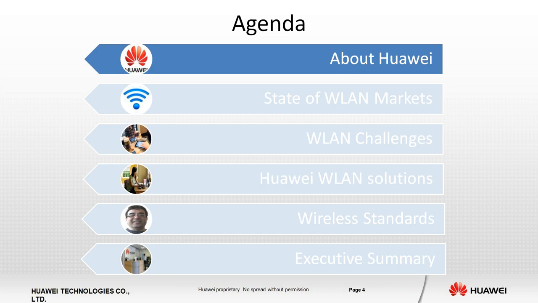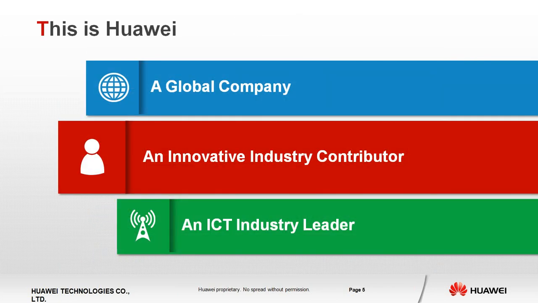So here, let's talk a little bit about Huawei. As you know, Huawei is a global company. It's the leading ICT player in the market today. We are extremely customer-centric, innovation-oriented, and have very strong partnerships.